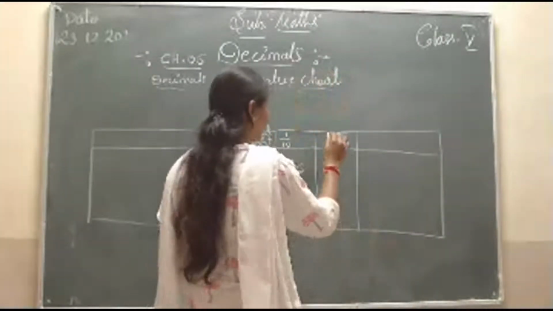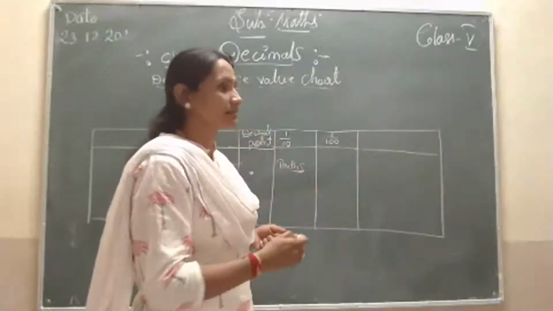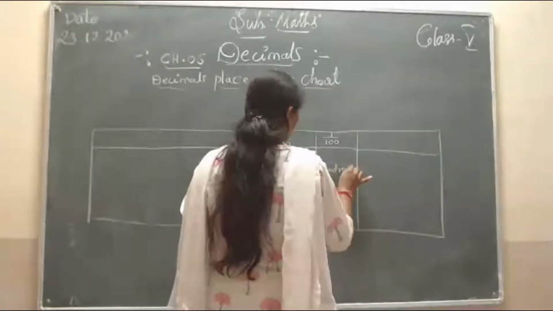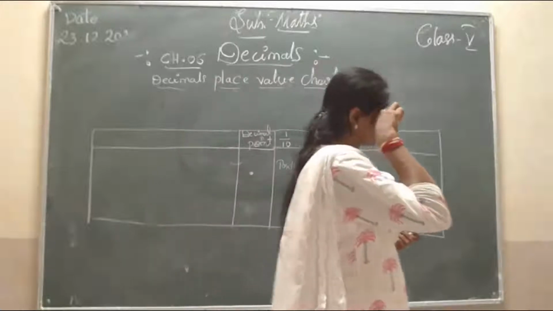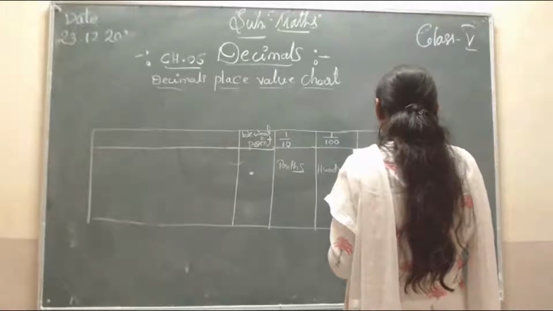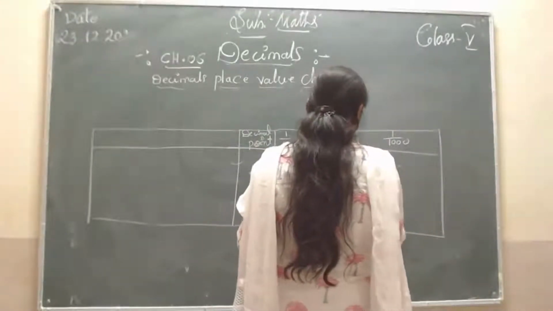So 1 by 100. So you have to write 1 by 100. So you have to consider this as hundredths. So next is the last, dividing by thousands. Students, the TH is thousandths.